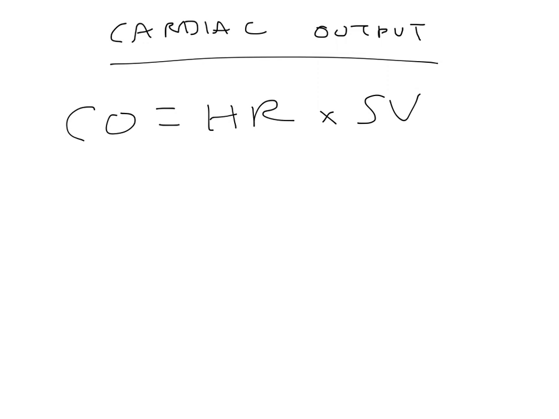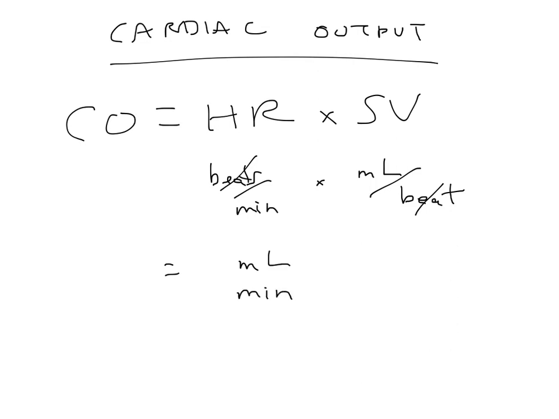Your heart rate is measured in beats per minute. Stroke volume is the volume, and it's usually measured in milliliters of blood your heart ejects in 1 stroke or 1 beat. Beats cancel out here, and we're left with milliliters per minute.